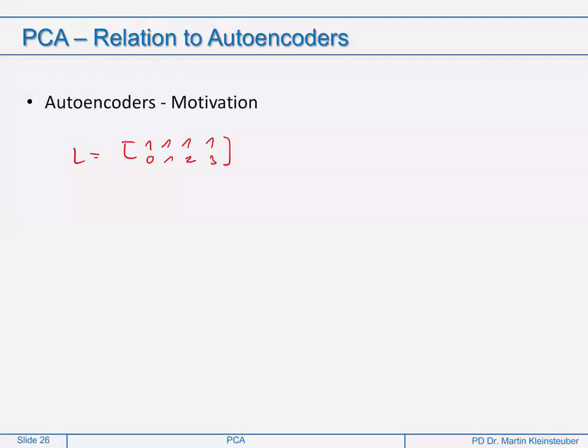Then this matrix has rank 2 and all data points lie in a two-dimensional subspace. I can plot them all in R2, right? And the 0 is always in that subspace. So these data points all lie in a two-dimensional subspace.